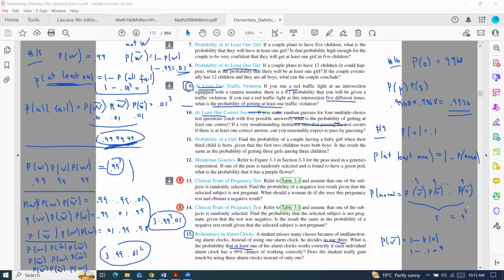So notice I don't want to multiply 0.9 with itself 5 times. What for? Because I'll just need to subtract it from 1 anyway. So I'll let the calculator do that work. Because otherwise, if you start to mess with all these decimals, there is a chance that you might miscopy, right?